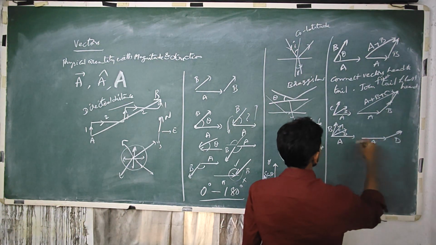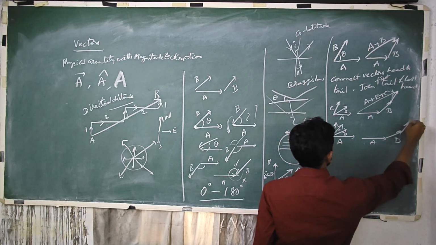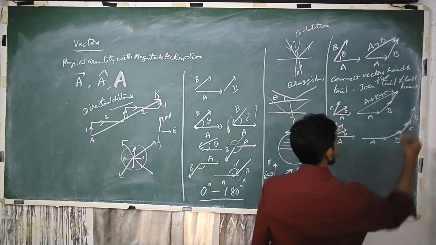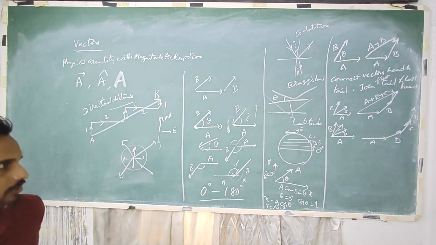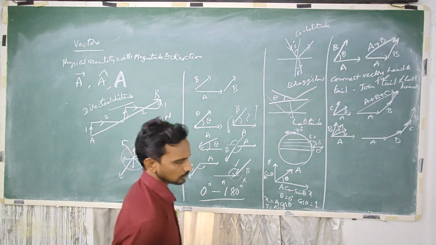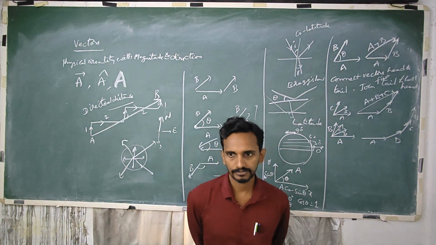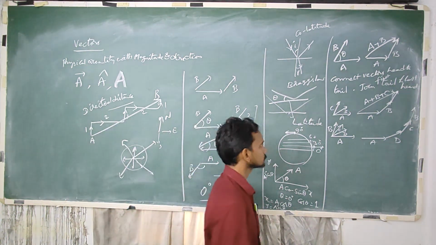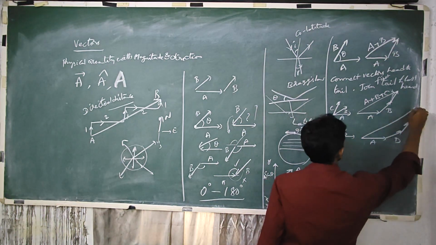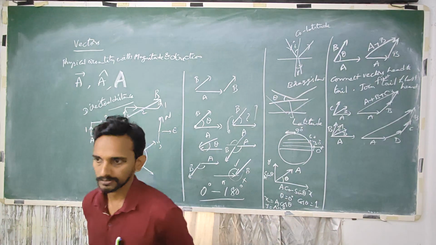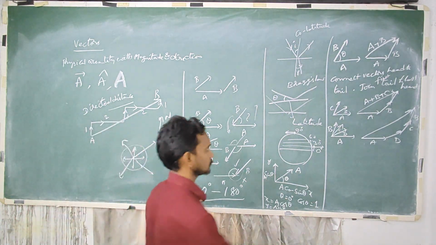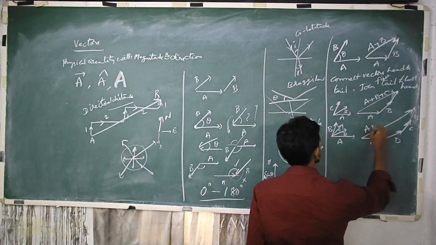So A, B, C and D. So you have to join the vectors in the order of their increasing angles. And then join the first tail with the last head. So that is the result of addition of all the vectors.